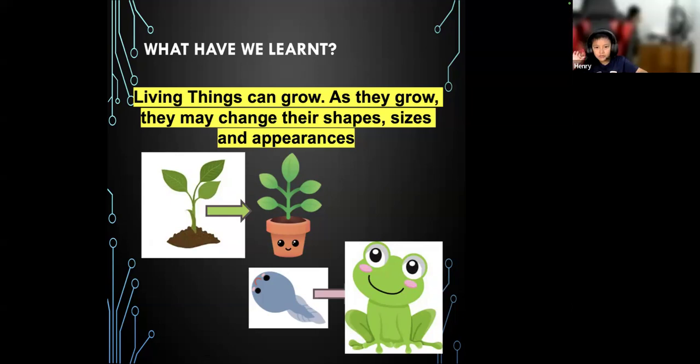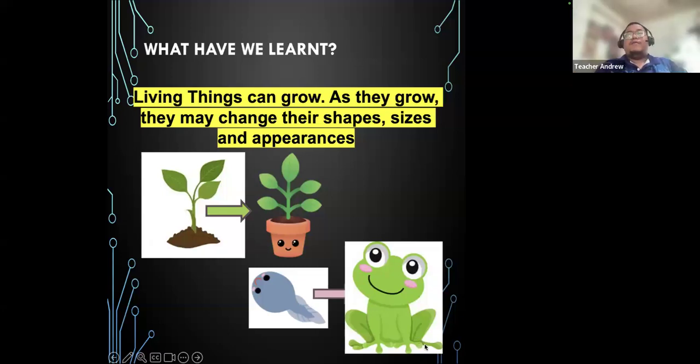Next, the next example is a frog. When the frog is a baby, the shape and size is different from the adult frog. The baby frog, known as a tadpole, is just a little cute round face with a tail behind it that allows it to swim.